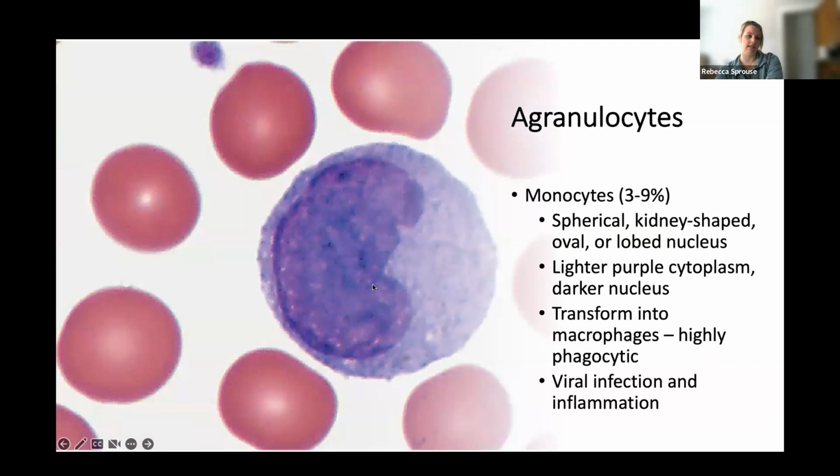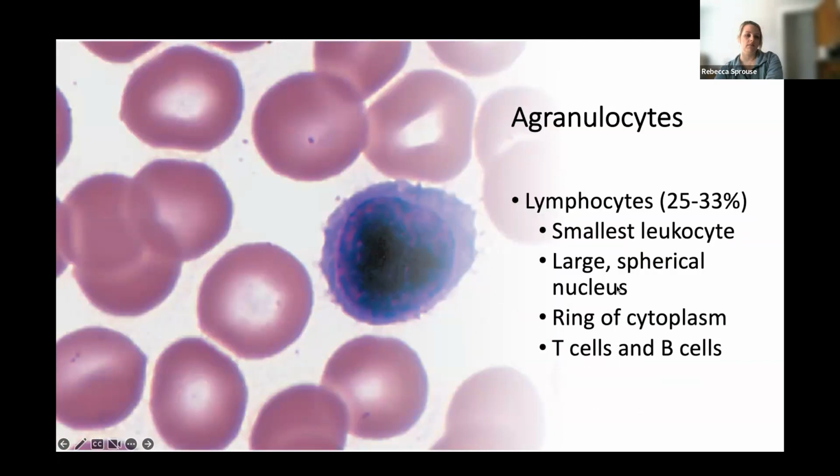It's not this kidney or horseshoe shape. And these little guys are what's going to differentiate into cells that we know as T cells and B cells. We're going to talk about more of this when we get into that lymphatic lecture. But T cells and B cells are going to be our major cells that are responsible for immunity and memory of pathogens.